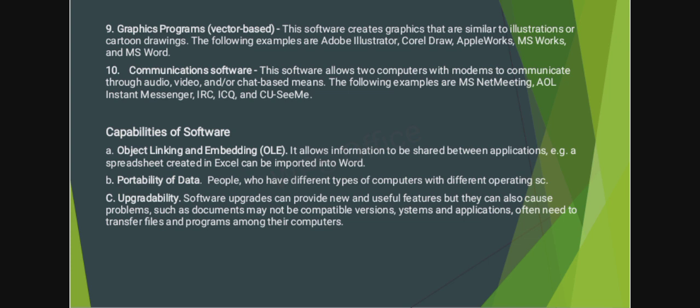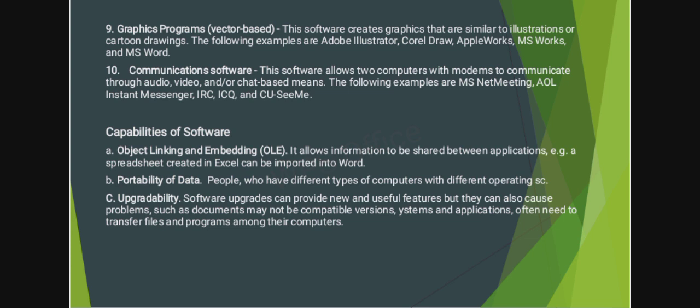And capabilities of software. A. Object linking and embedding, or OLE. It allows information to be shared between applications. Example: a spreadsheet created in Excel can be imported into Word. Letter B, portability of data.